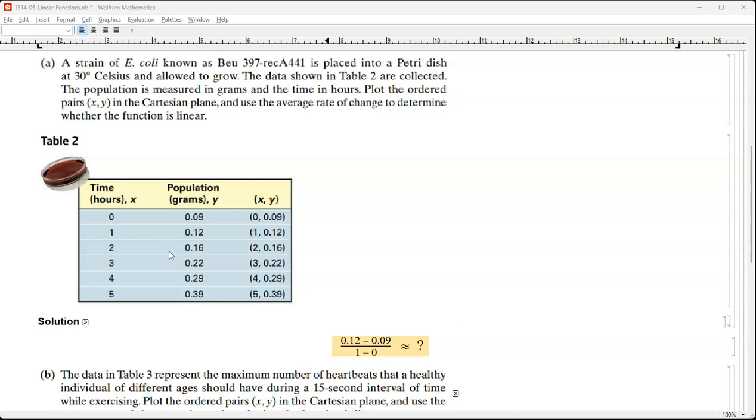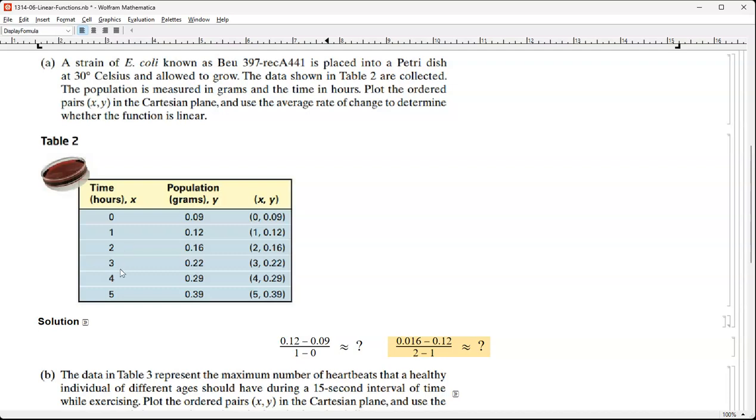And then how about another interval? 1 to 2. Okay, let's go ahead and do that. So denominator 2 minus 1, and then numerator change from 0.12 to 0.16. So this is going to be the new quantity, the average rate of change from 1 to 2.